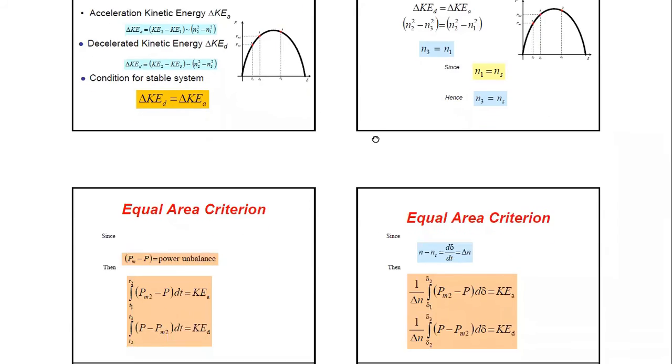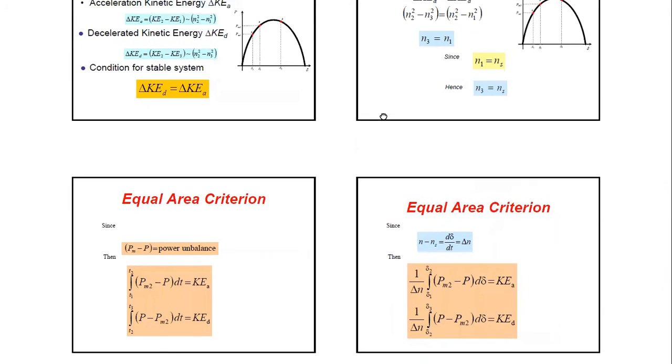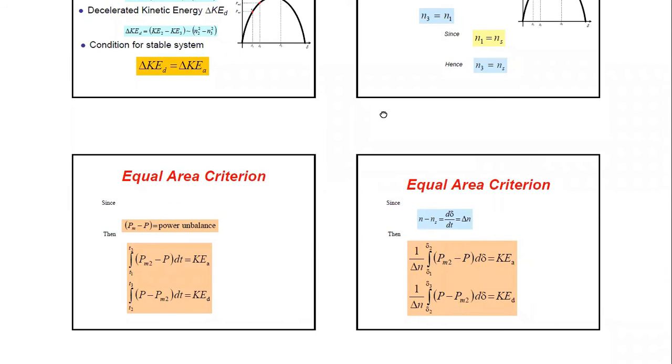For the equilibrium criteria, to find out the power imbalance, we have a formula. Integration ranging from T1 to T2, Pm2 minus P dt is equal to KEA, and for the deacceleration, the deaccelerated kinetic energy, it is integration ranging from T2 to T3, P minus Pm2 dt is equal to KED.